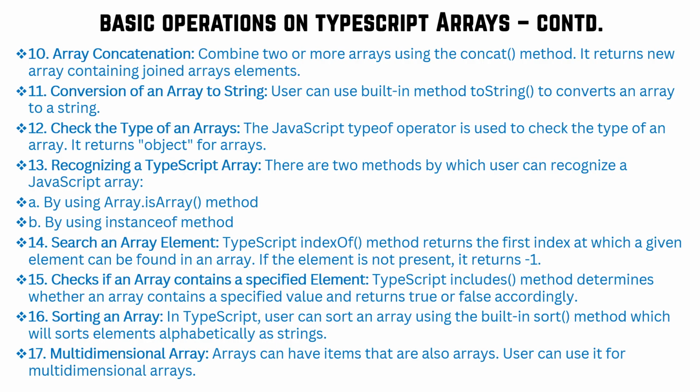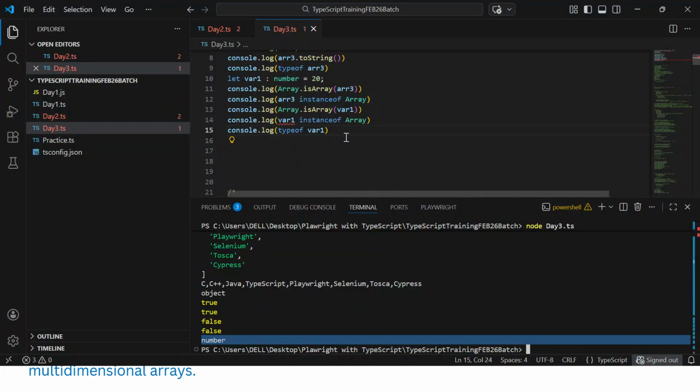The TypeScript indexOf method returns the first index at which the given element can be found in an array. If the element is not present, it will return -1. Let's see the implementation. I can get the indexing, that is, which index it is present at.